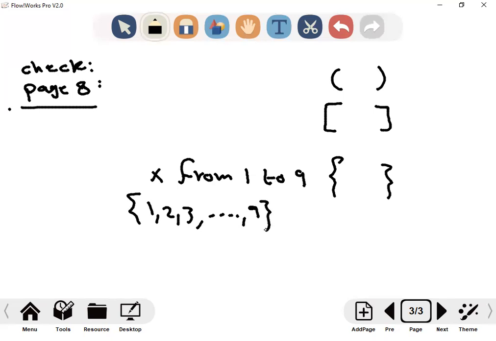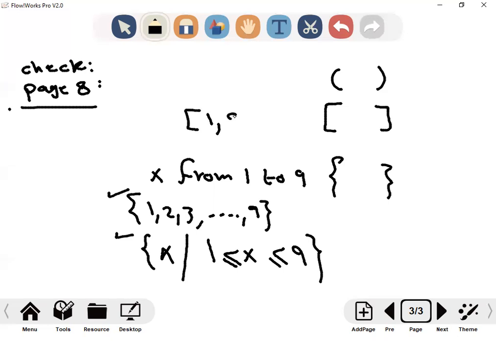Or I can say x such that, this dash means such that, or condition. x is more than or equal to 1, less than or equal to 9, integers. I can express the groups in many ways, or I can say from 1 to 9.